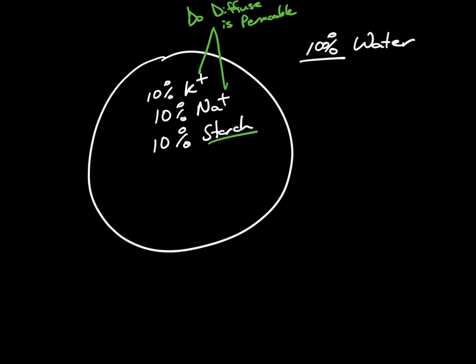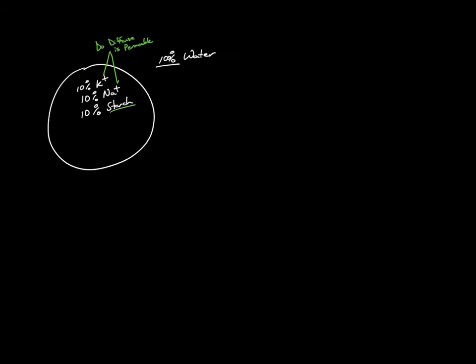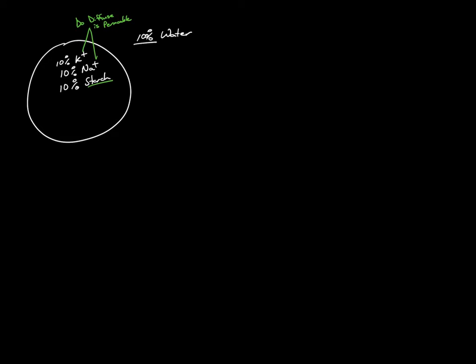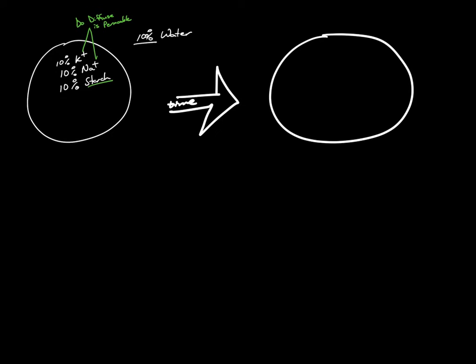So they're going to diffuse, but you have 100% water. So if we follow the same logic as in the other problem, over time you would have the potassium and the sodium balancing each other out. So let's just say 5% inside and 5% outside.